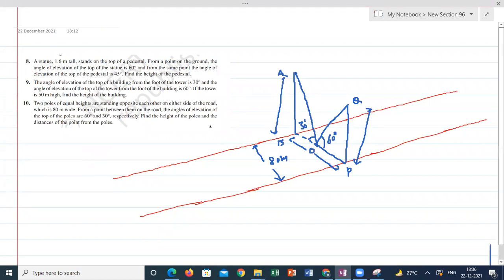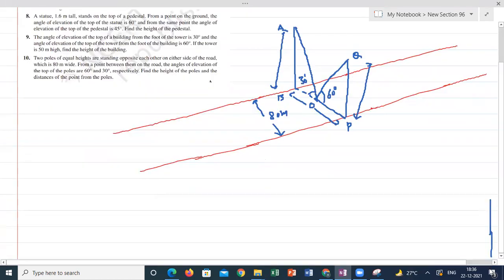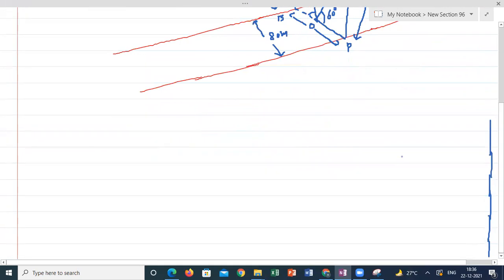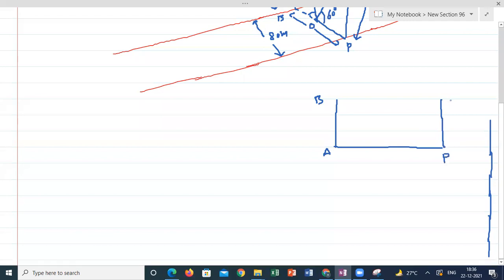This whole diagram you need not draw, only for understanding purpose I'm drawing. If I draw it in two dimensions, AB is one pole, PQ is also the same height.